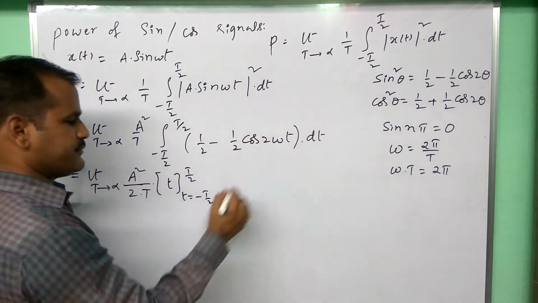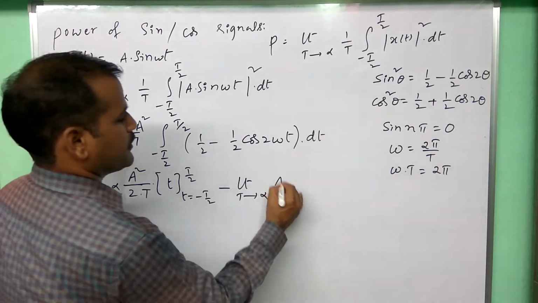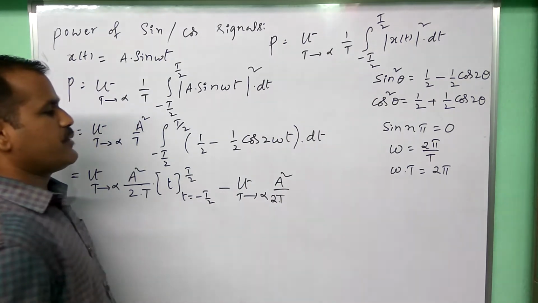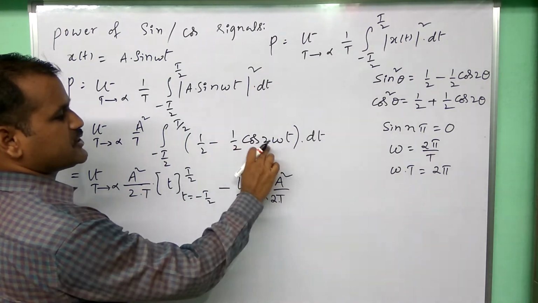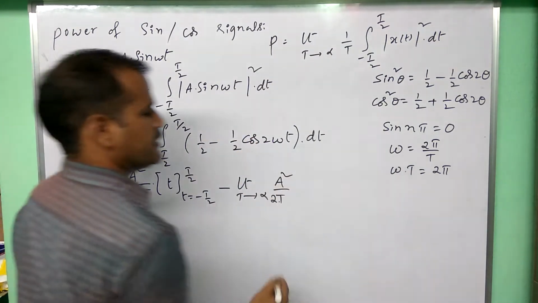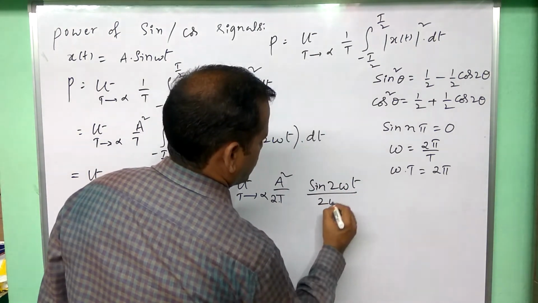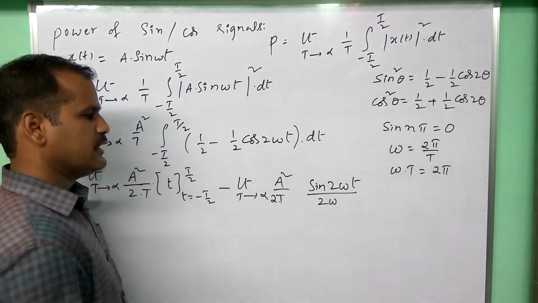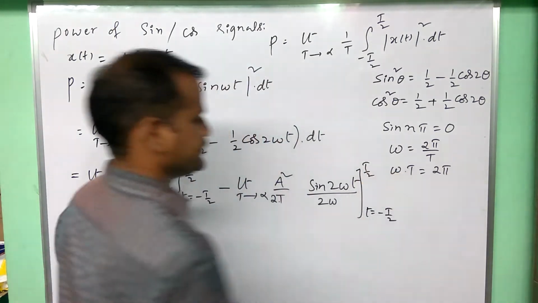Second term: minus limit T tending to infinity, A square by 2T common, outside of the integration I have written, and then integration of cos 2 omega t. What is the integral of cos 2 omega t? That is sin 2 omega t divided by 2 omega. With respect to t we are integrating, so 2 omega is constant. Here t runs again from minus T by 2 to plus T by 2.